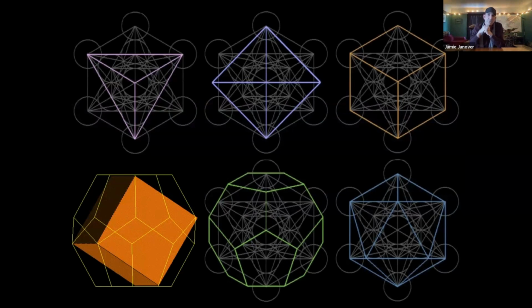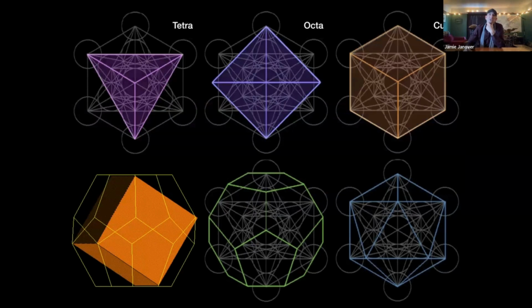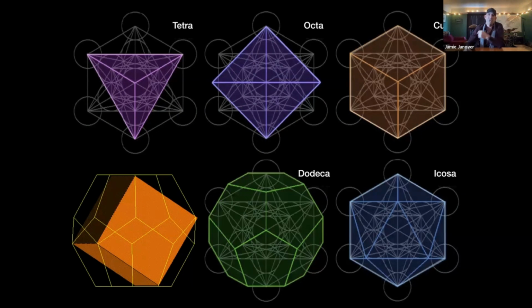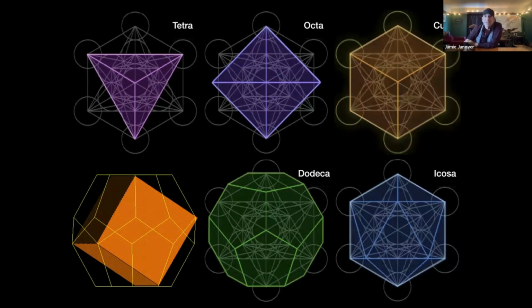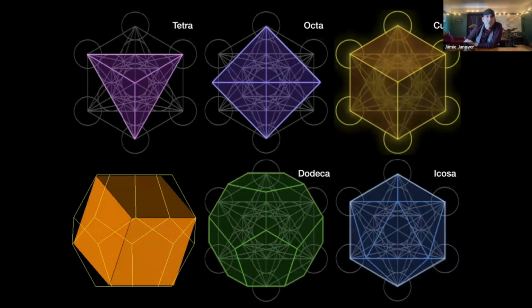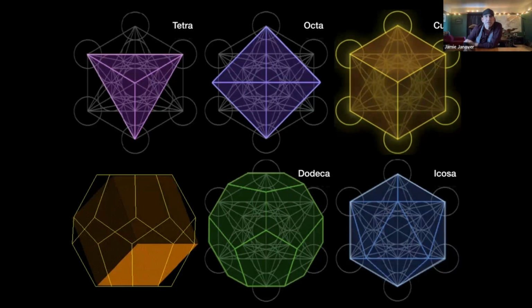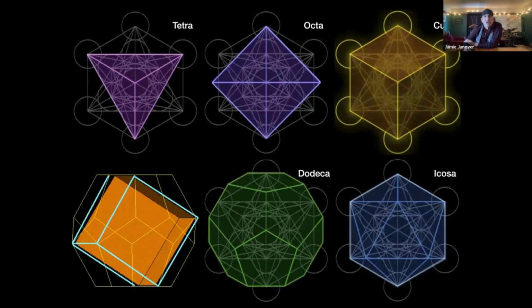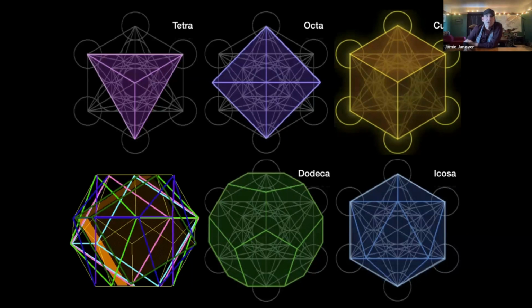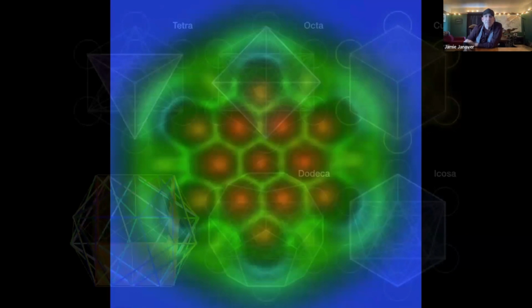It's called Metatron's cube, and you can get each of the Platonic solids emerging out of that structure: tetrahedron, octahedron, cube, icosahedron, and dodecahedron. And the dodecahedron is right at the right angle that if you put a cube inside there, it intersects with the points of the dodeca. So all these structures are actually related to each other and embedded.